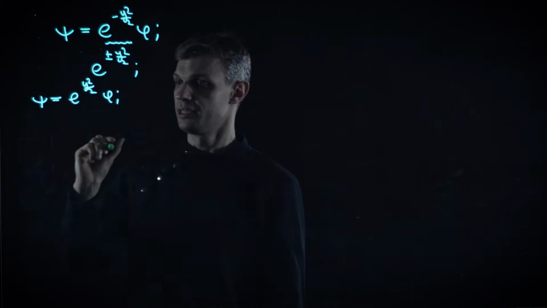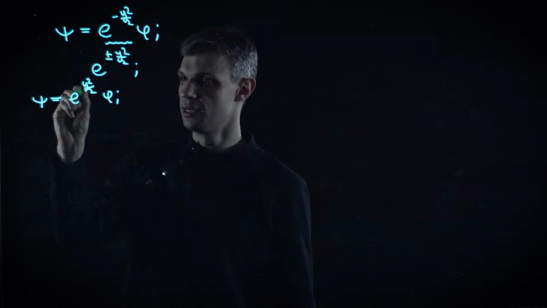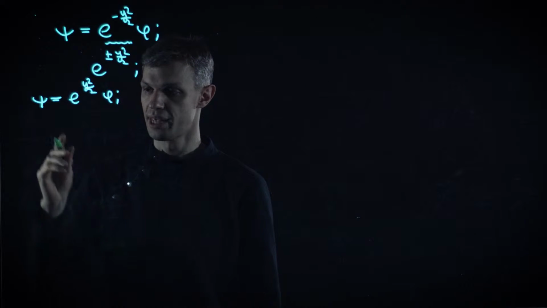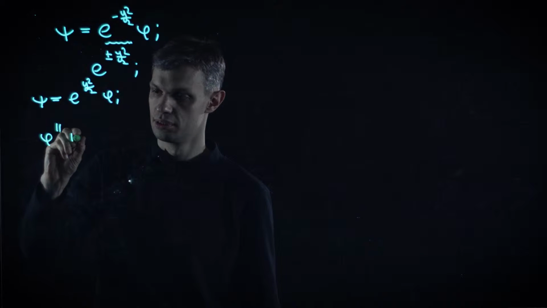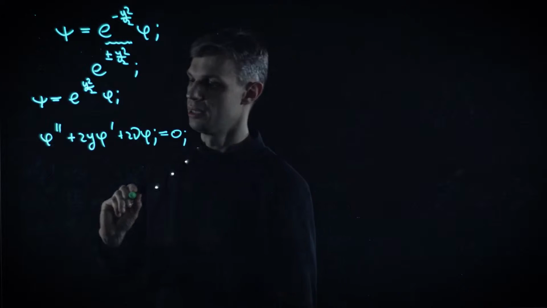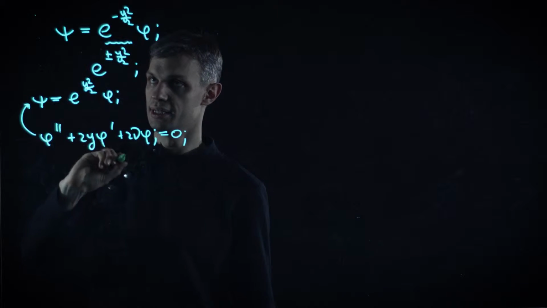So far, OK. Now let's see what kind of changes this sign flip brings to our equation on the phi function. So here is our equation, the original equation, for the plus sign ansatz.